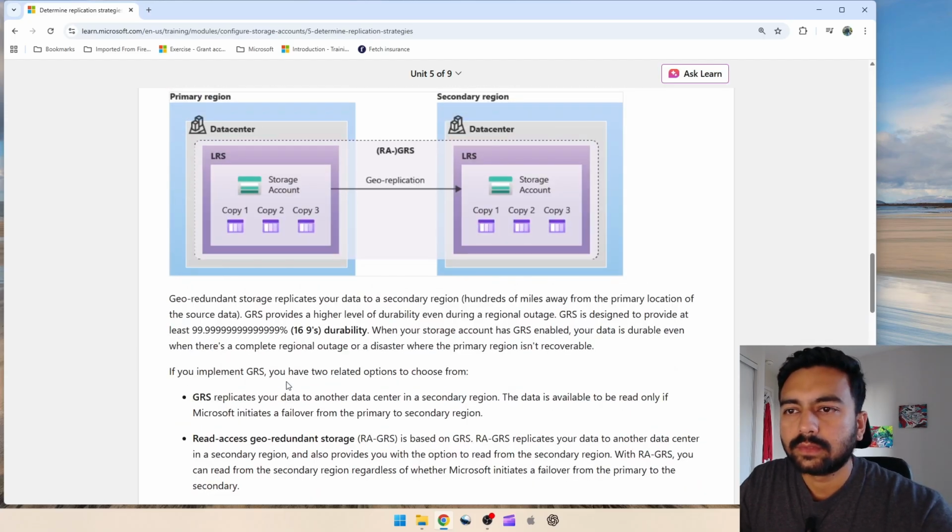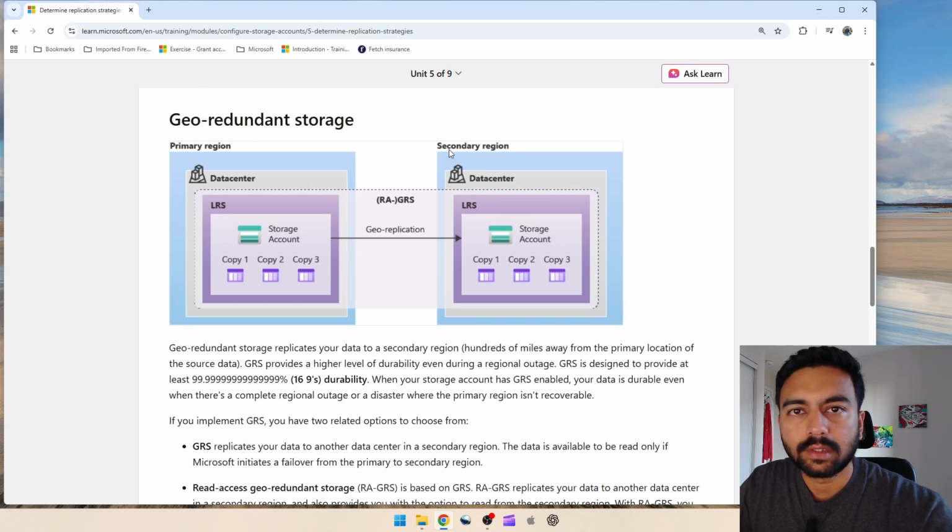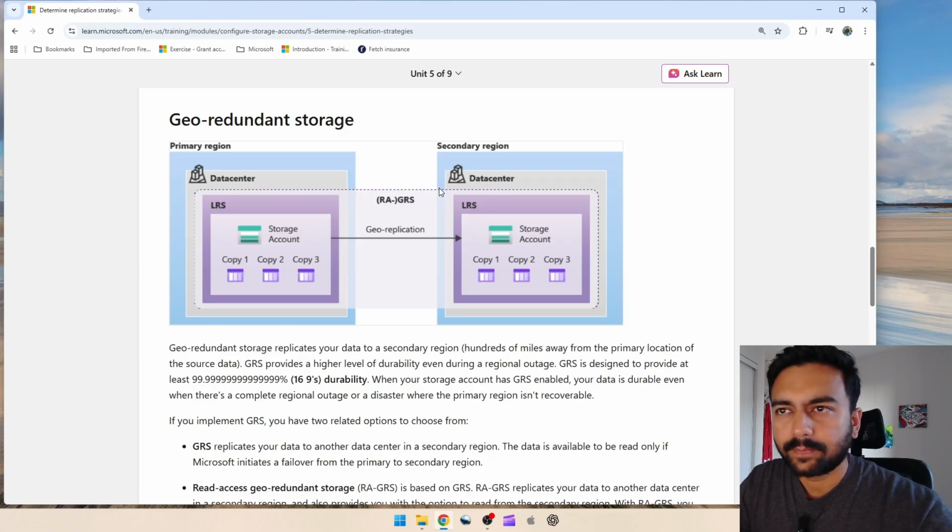Okay, so let's understand what they're trying to say here. GRS replicates your data to another data center in the secondary region, and the data is available for read only in case of an outage in your primary region. When Microsoft initiates the failover to the secondary region, at that time the data is available to be read only.